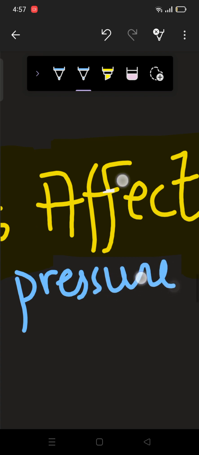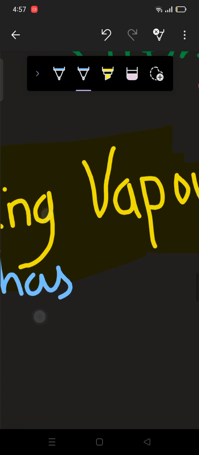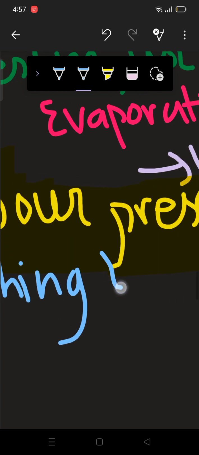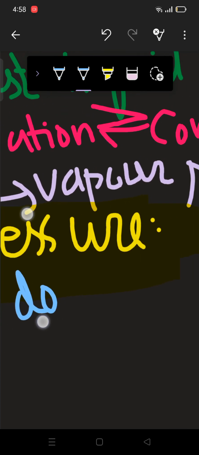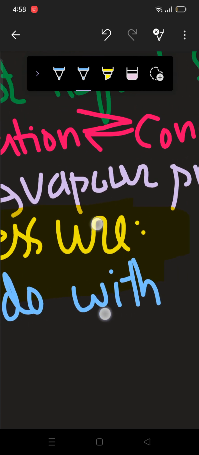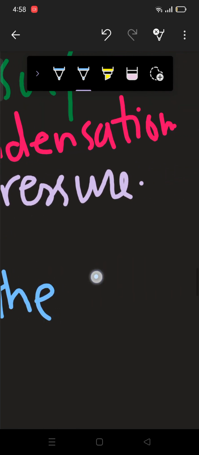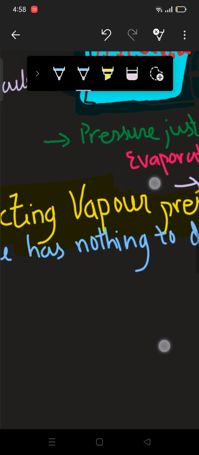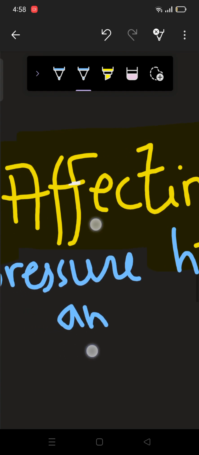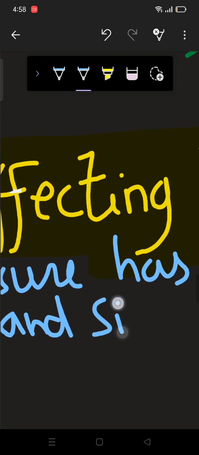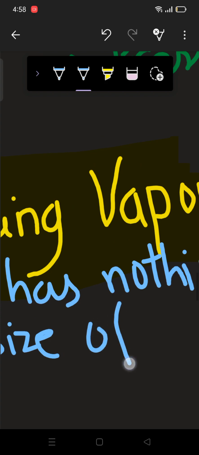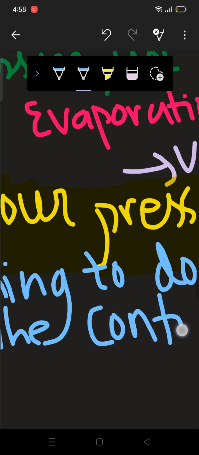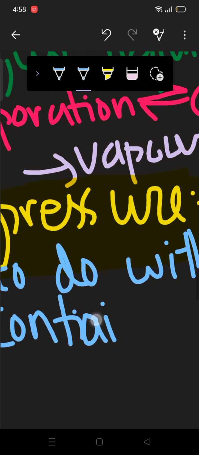Vapor pressure has nothing to do with the shape and size of the container.